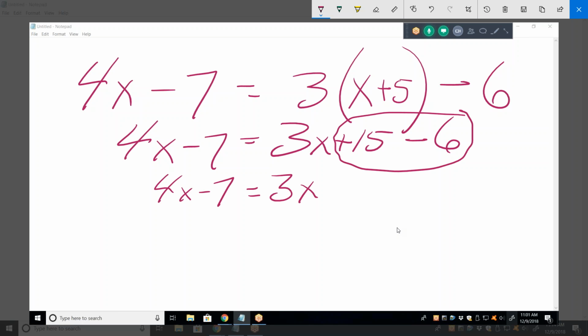What's that plus 15 minus 6 equal to? 9. Plus 9. Got to have the plus sign there because it's part of an expression. It's not all on its own where you could leave the plus sign off. It's part of this expression, 3x plus 9. Okay, next step.